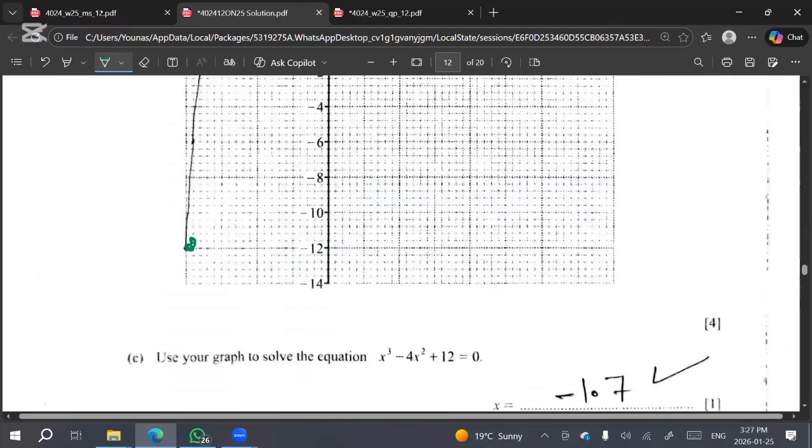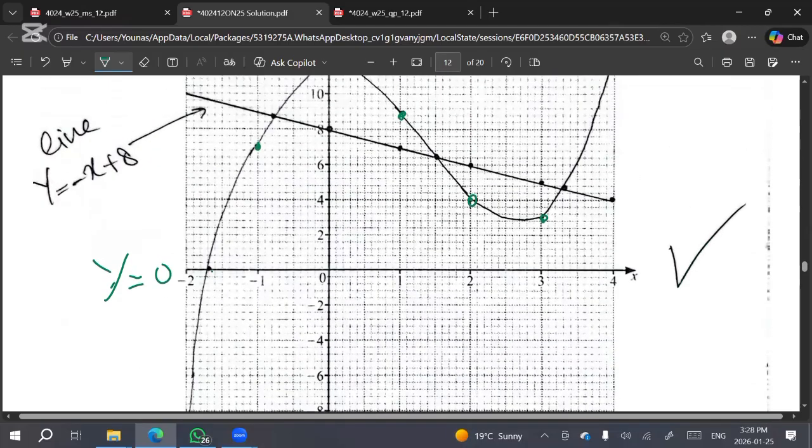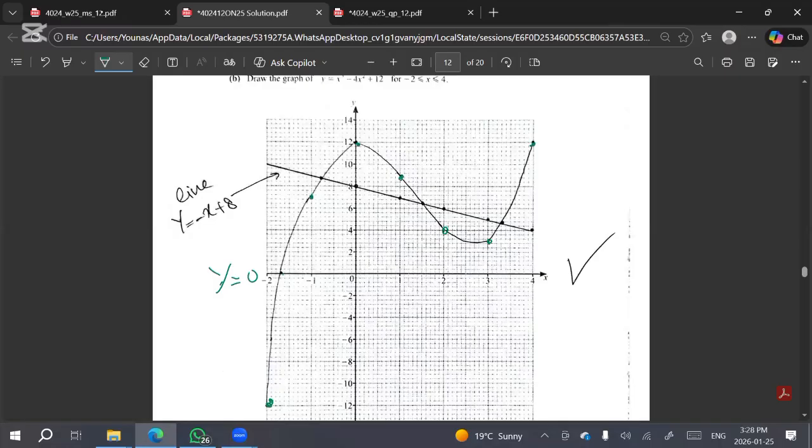Wherever that straight line intersects with the curve which you have already drawn. So you can see this straight line, which is y equals minus x plus 8. I have drawn this black line, and you can see it cuts my main graph here, here, and here, at these 3 points.